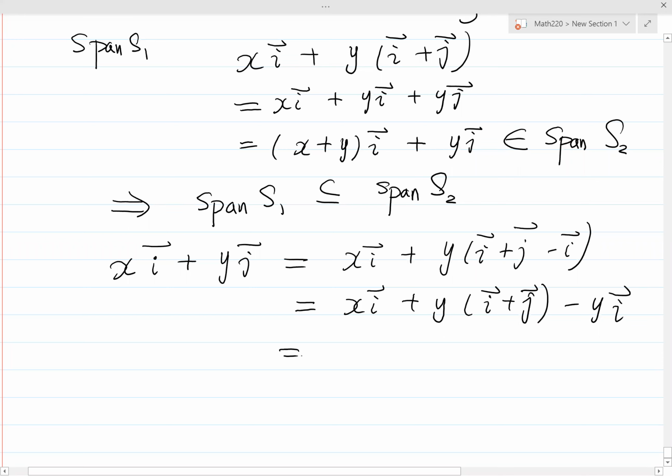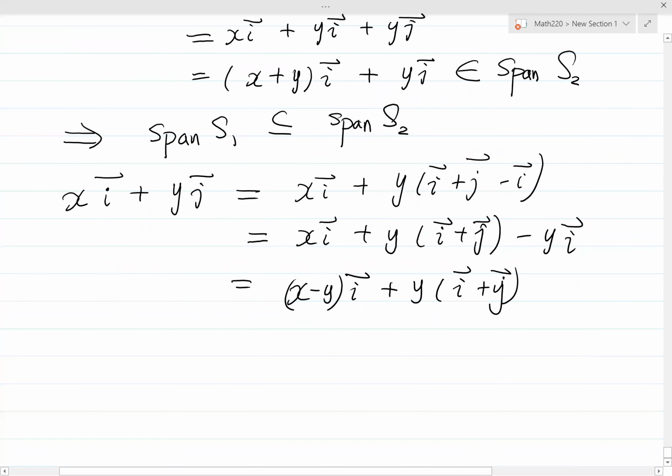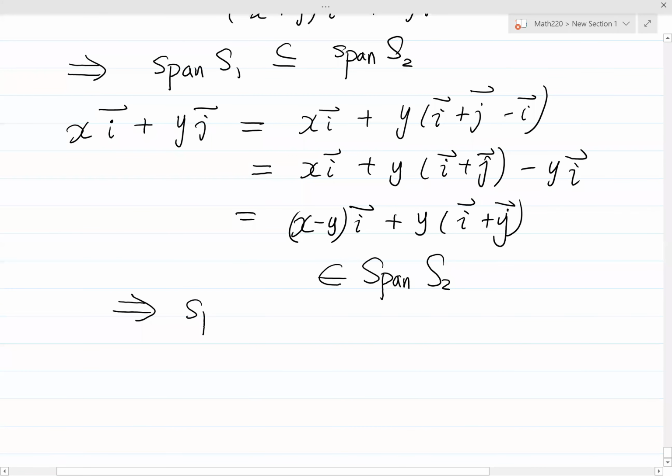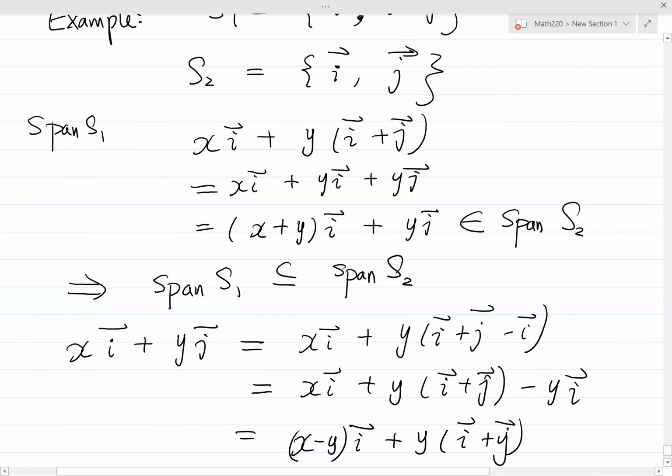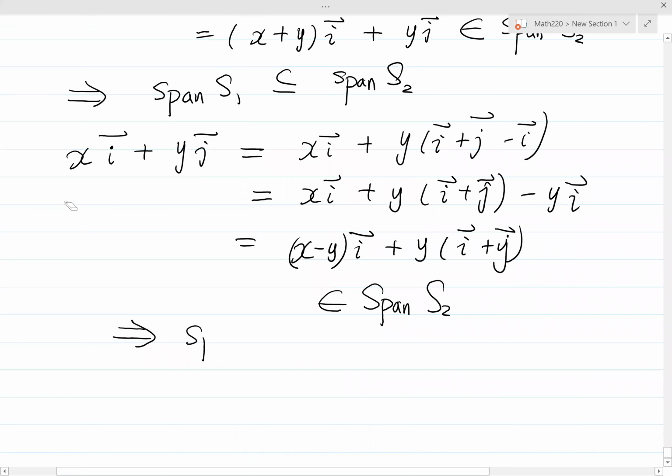So I combine with i, and this gets x minus y times i plus y times i plus j. So you see, it is a combination of i and i plus j. By definition, this is in the span of S1.